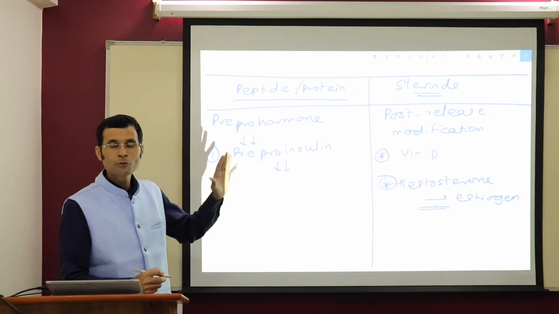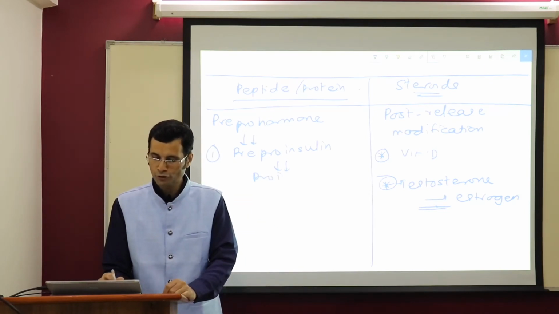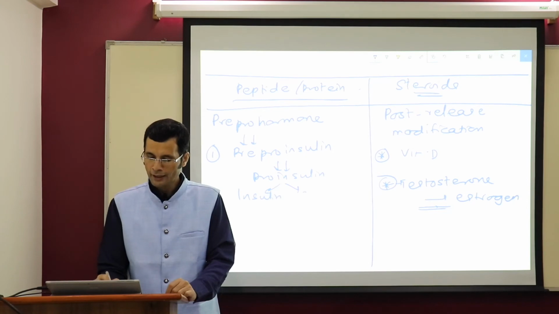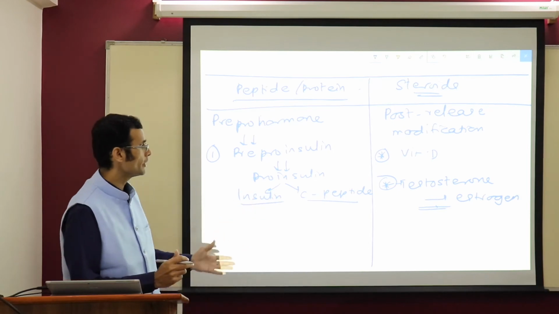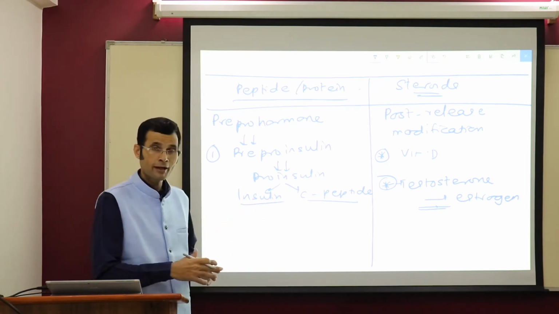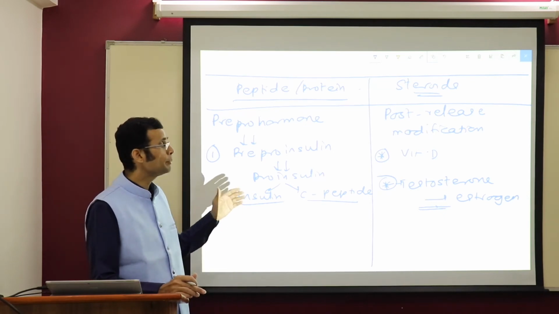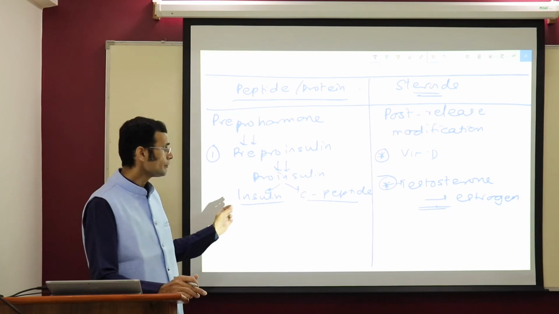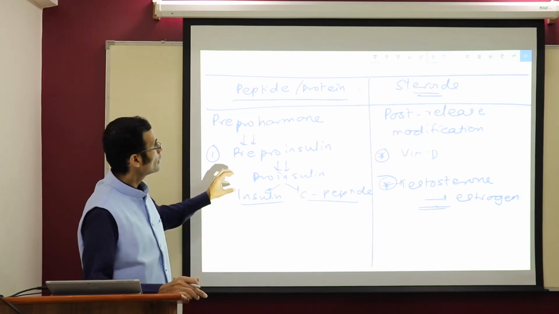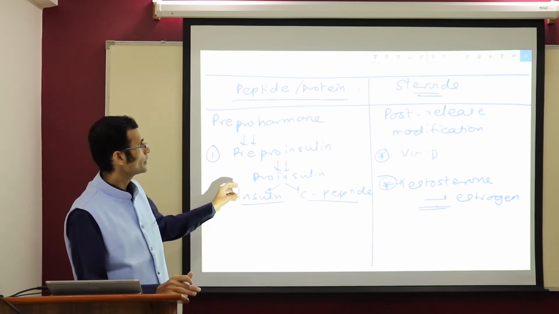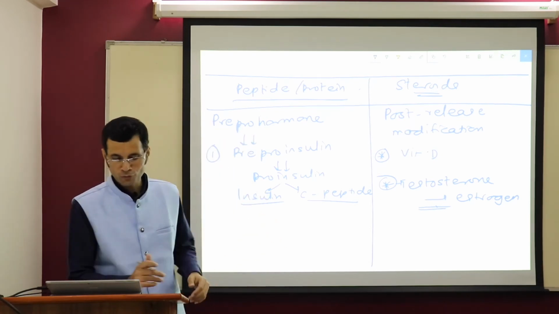Now there is a proteolytic cleavage to form proinsulin, and then proinsulin will be further split to form insulin and connecting peptide or C-peptide, and they will then be released into the circulation in equimolar concentrations. In fact, the levels of C-peptide in the circulation are sometimes taken to be the level of beta cell activity of the pancreas. Now, this is one example, but just one copy of the hormone was formed from the precursor hormone.